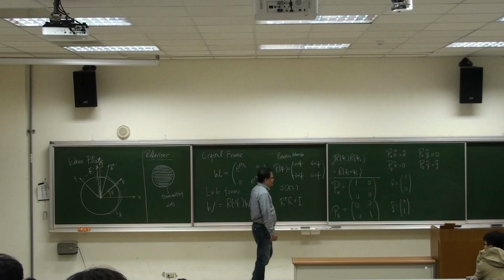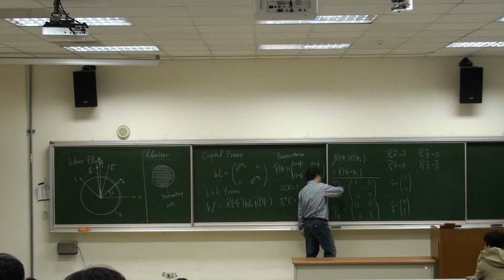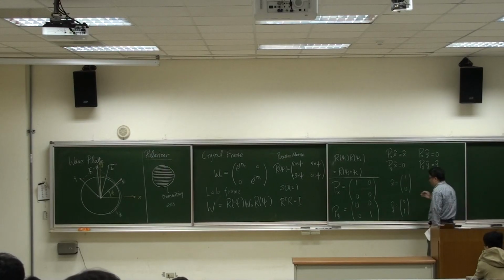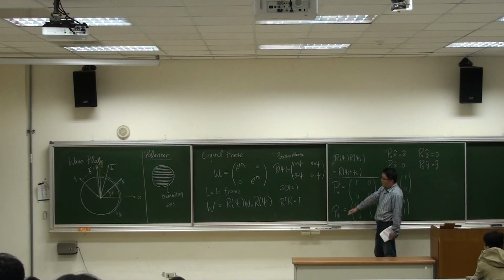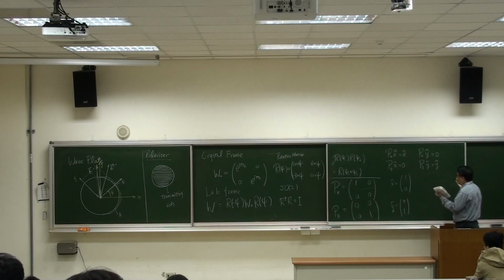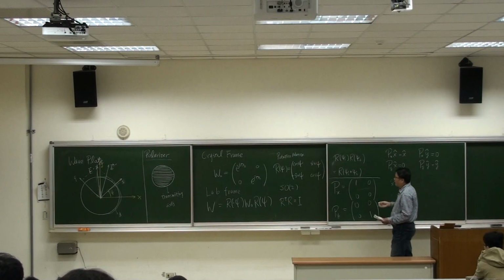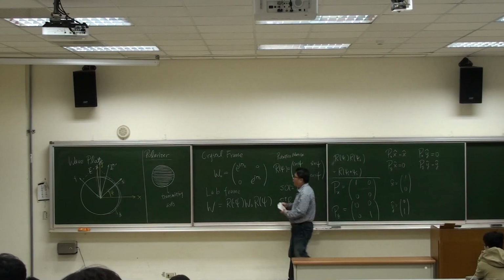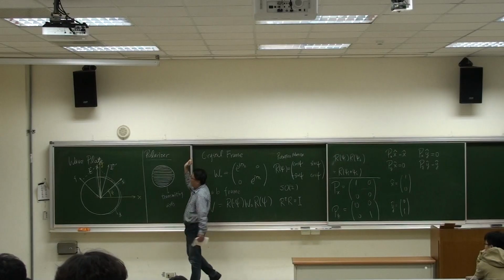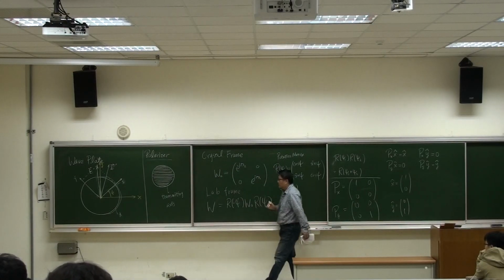And using these two basic representations for the x polarizer and y polarizer, you can find the representation for a polarizer whose transmitting axis is along some arbitrary angle, say psi.